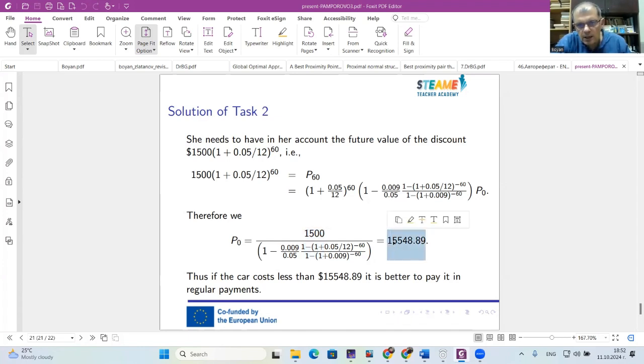But if the car is more expensive than this amount of money, it is better to use the money for your company that will gain you a good profit, and at the end you will maximize your finances and your profit.